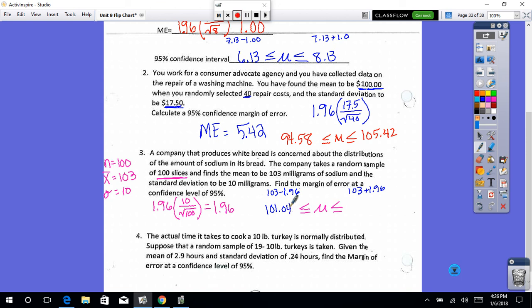And on the other side, I get 104.96. Remember, this 1.96 is your margin of error. This is your confidence interval. Okay, confidence interval is a range, basically. Your margin of error is a single number.